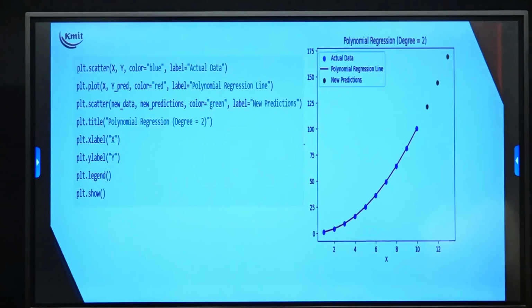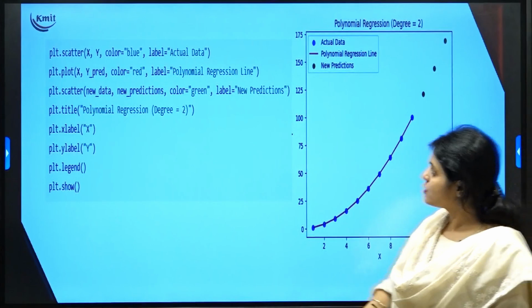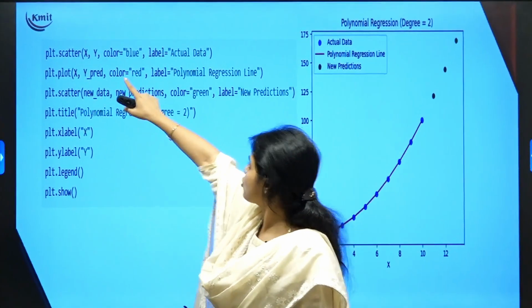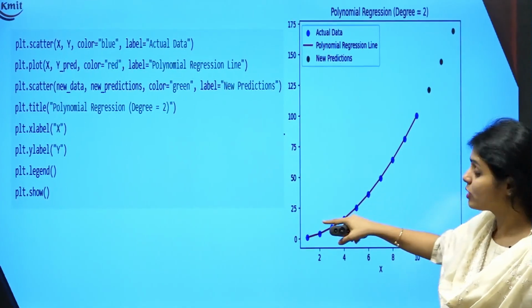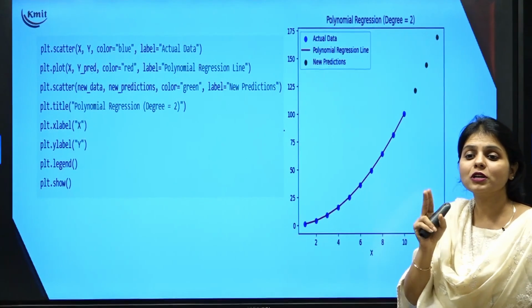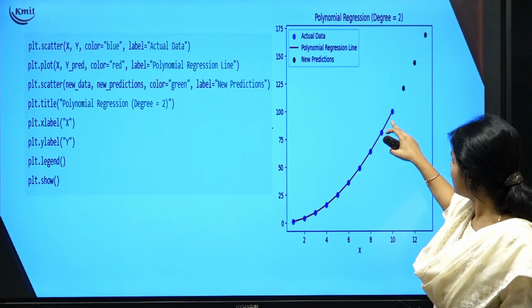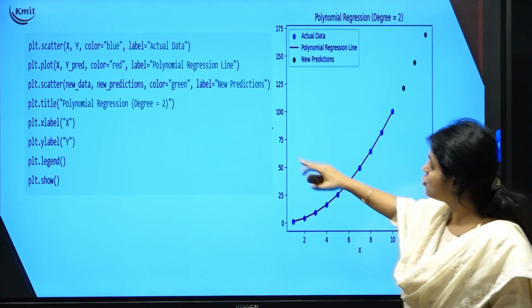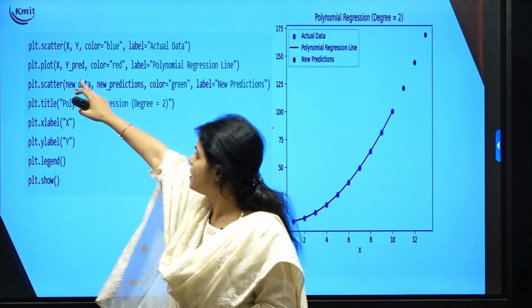As you can see here, these blue dots are nothing but x comma y, that is original data. This line is not a straight line, we have a curved line because the relationship between input and output is non-linear. So here this red line represents your polynomial regression line, that is, the predicted y prediction for given x.